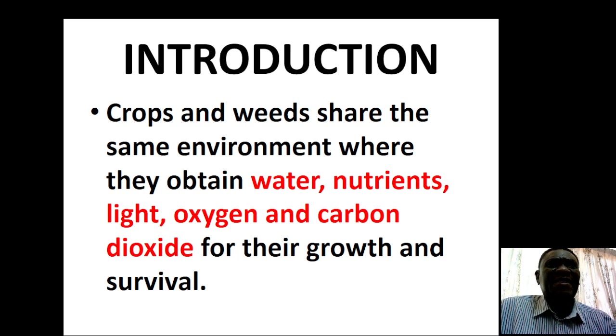So sometimes these resources, specifically water, nutrients, light, maybe oxygen and carbon dioxide, may become limiting, and as a result, probably the crops may suffer.